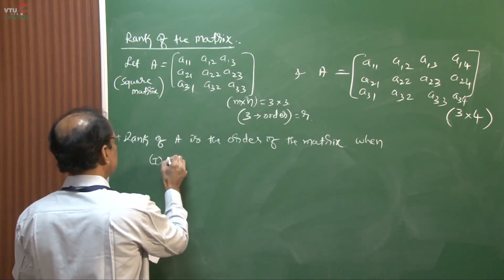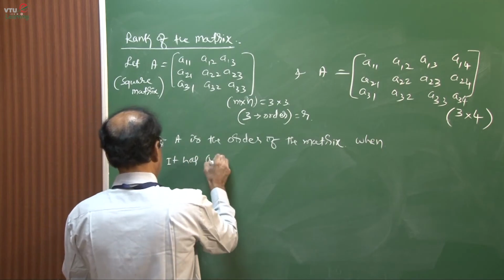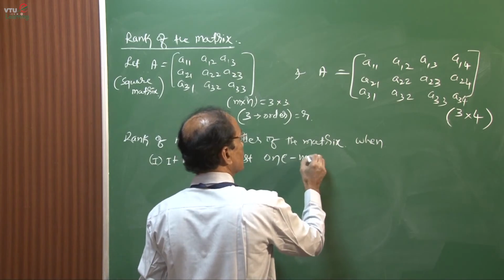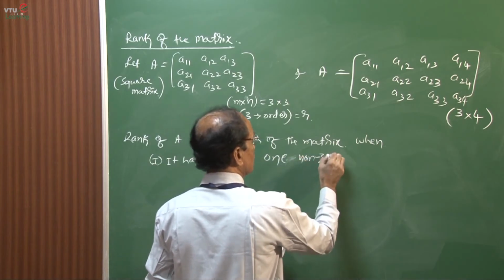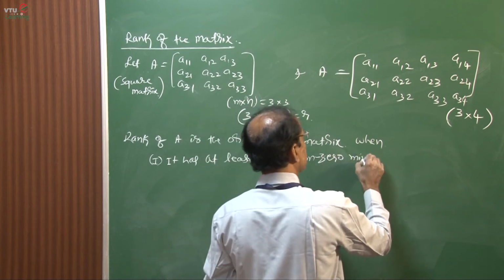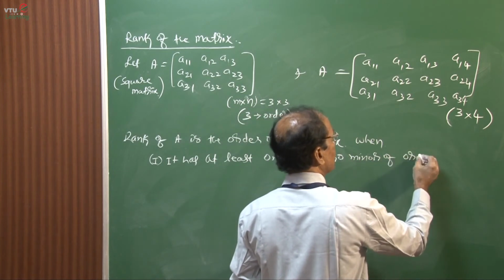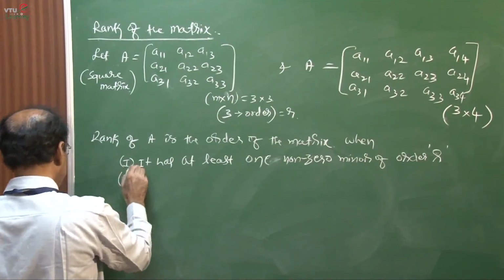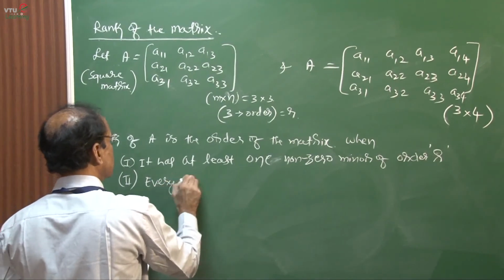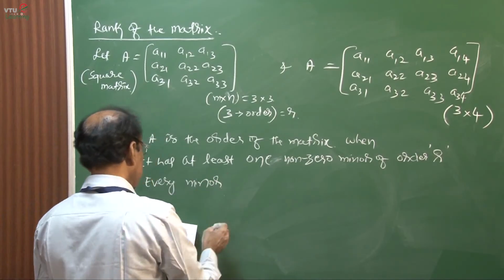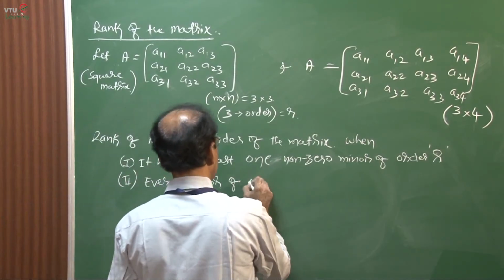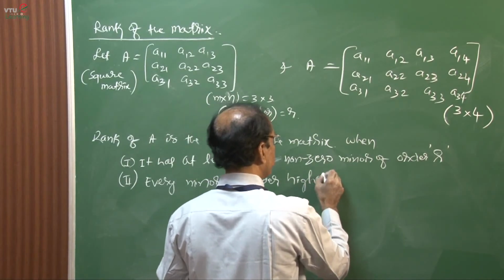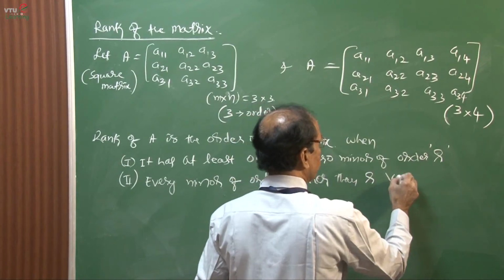The first condition: it has at least one non-zero minor of order R. And the second condition: every minor of order higher than R vanishes.